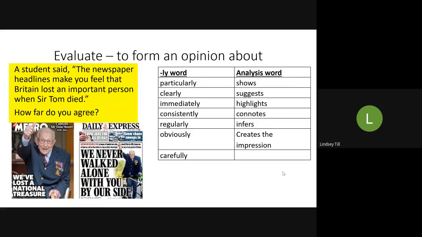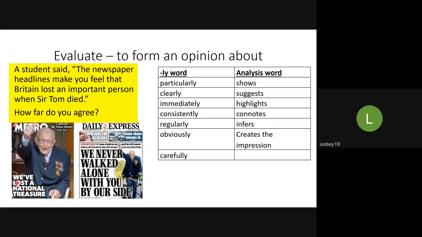Another go. A student said, The newspaper headlines make you feel that Britain lost an important person when Sir Tom died. Okay, so how are these newspaper headlines making us feel that Britain lost an important person when Sir Tom died? How far do you agree? Right. Well, we've lost a national treasure.